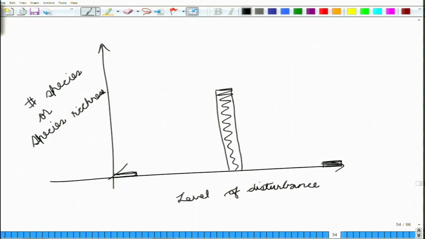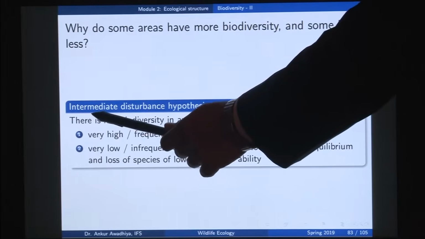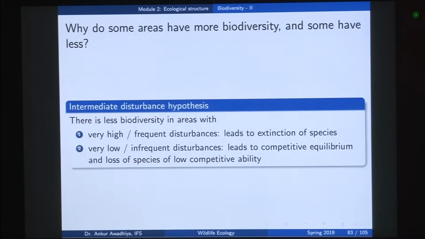So, we will have a curve that goes like this. This is known as the intermediate disturbance hypothesis. If you have an intermediate level of disturbance which occurs at a frequency that is neither very high nor very low, you will have more biodiversity.